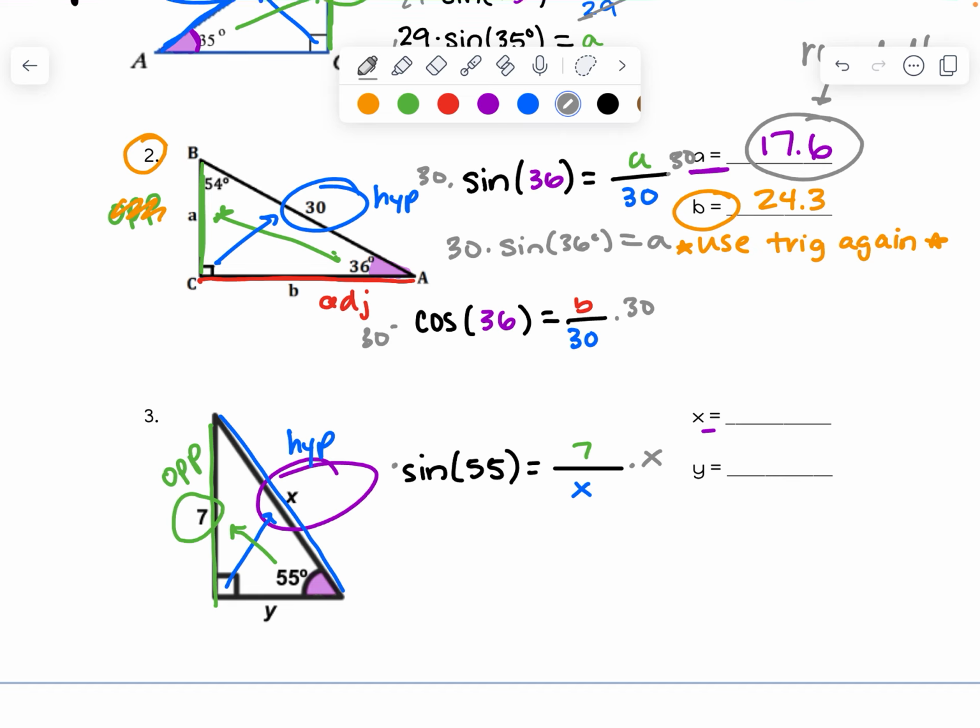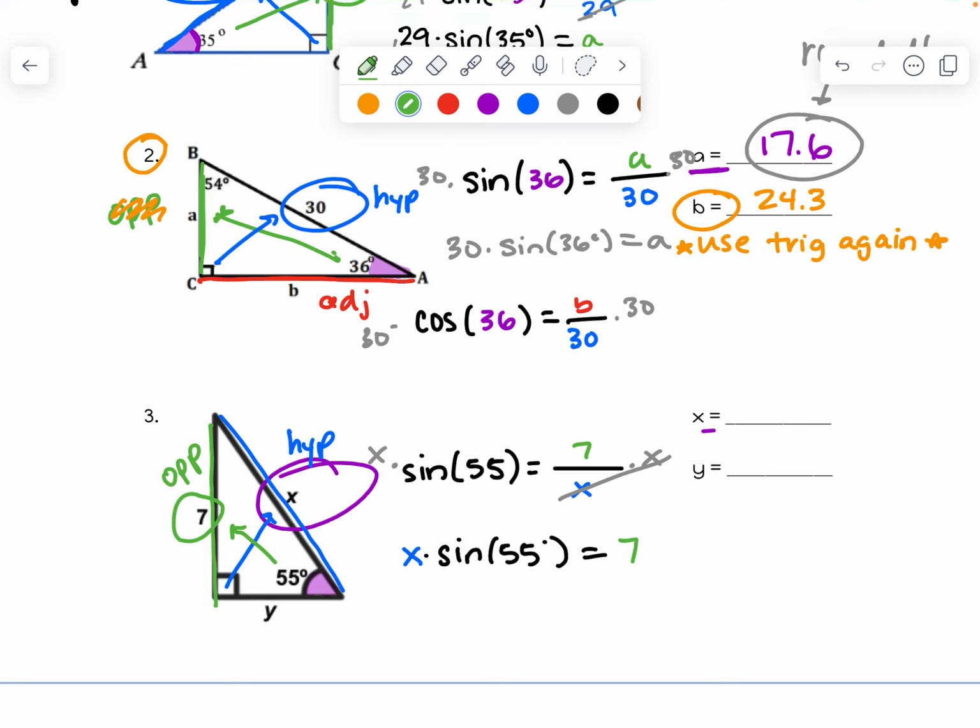So this time, we're going to be multiplying by x. So those x's on the right-hand side will cancel. That's why we multiply by the denominator, because it's divide by x and then multiply by x. It cancels. So now we have x times the sine of 55 degrees equaling 7.